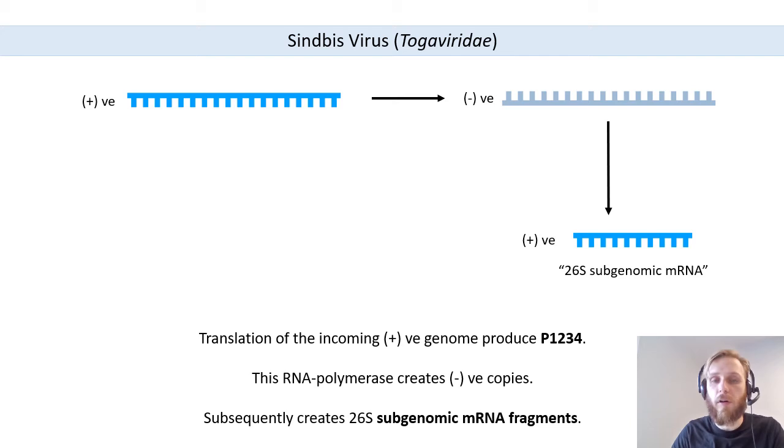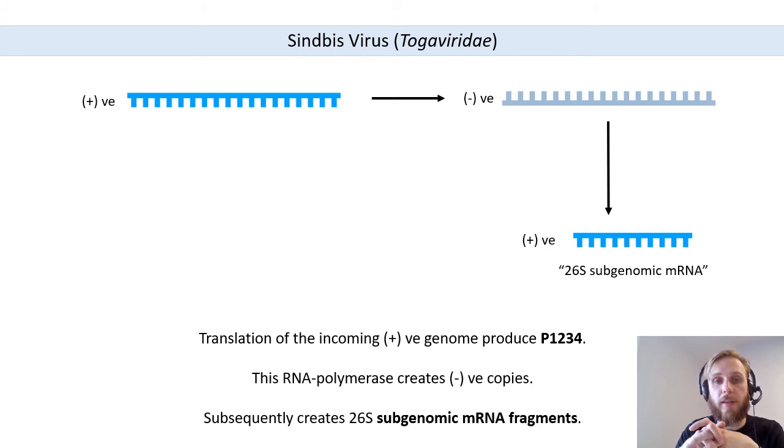Okay, so we talked about this last week and the idea that to mediate this process, an RNA-dependent RNA polymerase is needed. Now, the particular RNA-dependent RNA polymerase that facilitates the process in Sindbis virus is something called P1234. So this is an enzyme that is encoded in the viral genome.